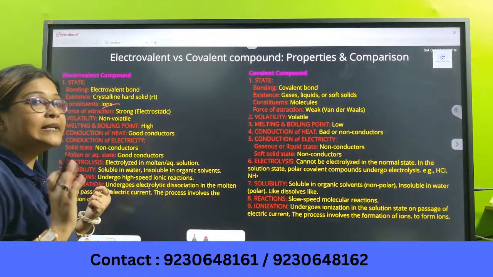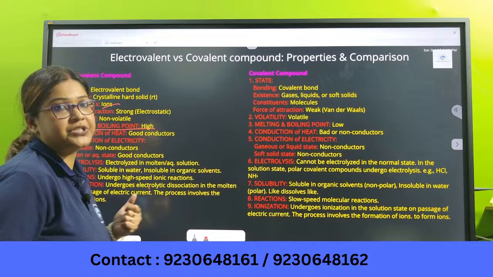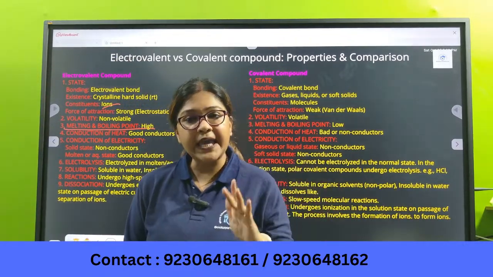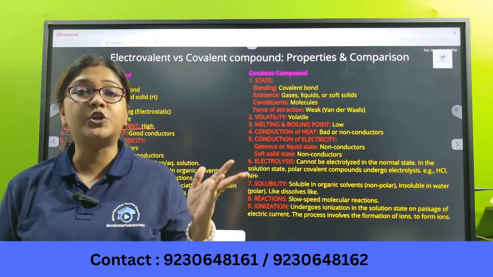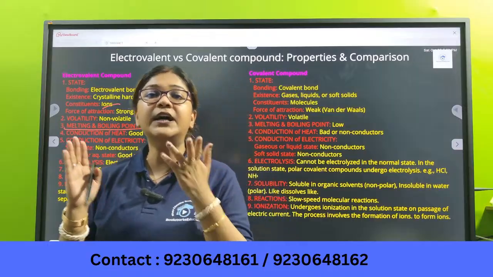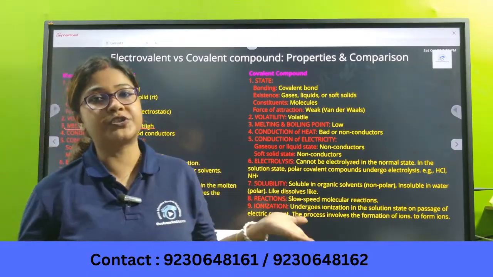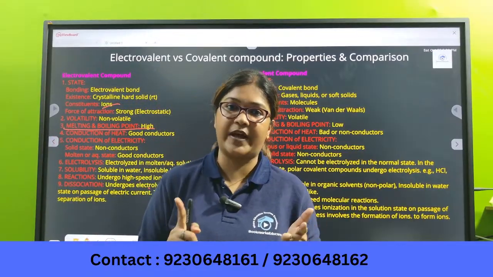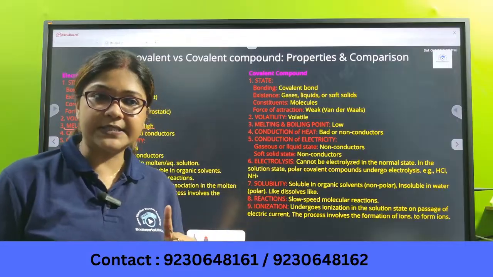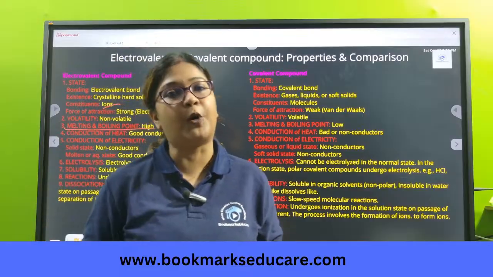Next is melting and boiling point. This is also a very important question, as why do electrovalent compounds have high melting and high boiling point, or justify the statement that electrovalent compounds have a high boiling point. It is because of the strong force of attraction between the electrovalent atoms that are participating to form the electrovalent compounds that you require high energy to break these bonds.